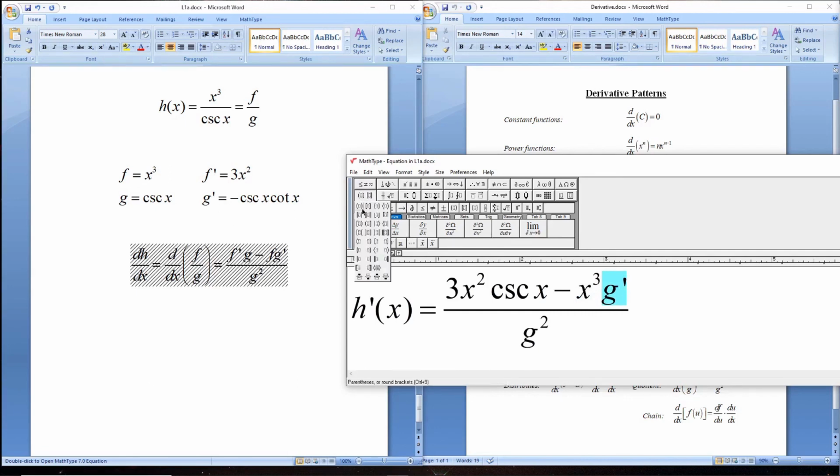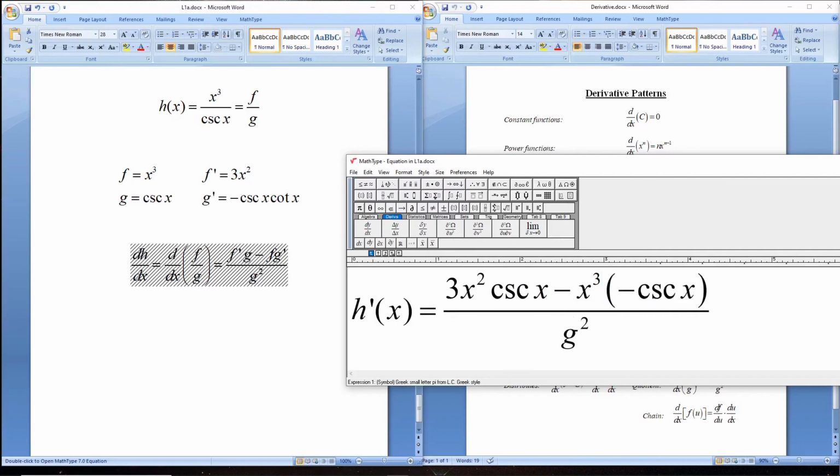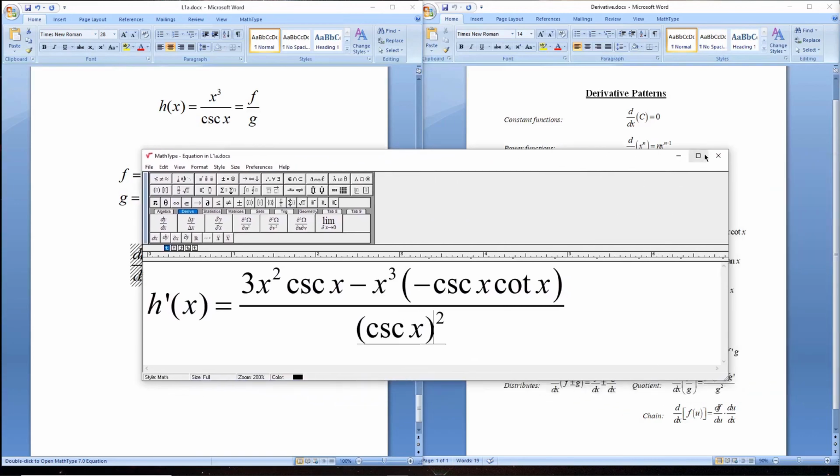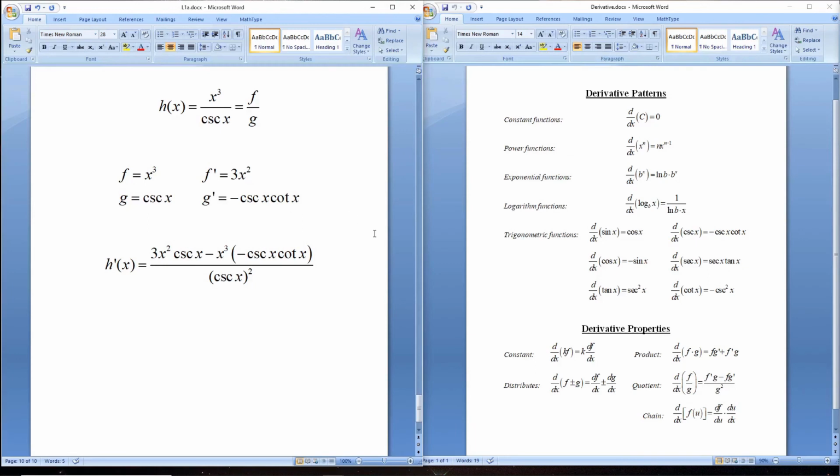Well, the derivative of g is minus cosecant cotangent. And this is all divided by g squared. And what is g? It's cosecant. And so that's what we get from plugging in all our information.